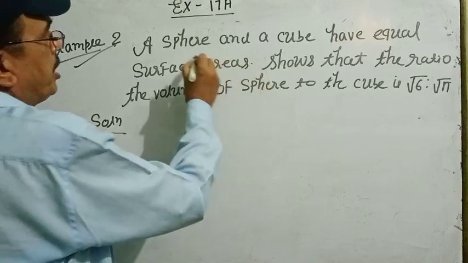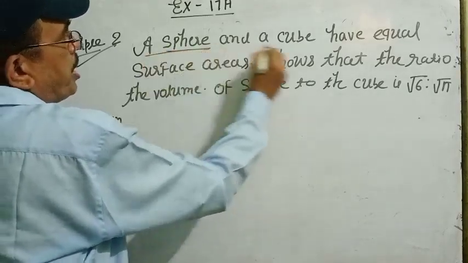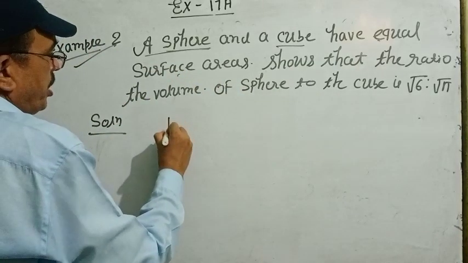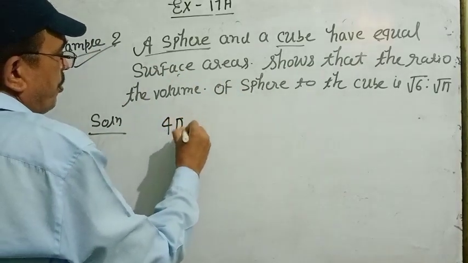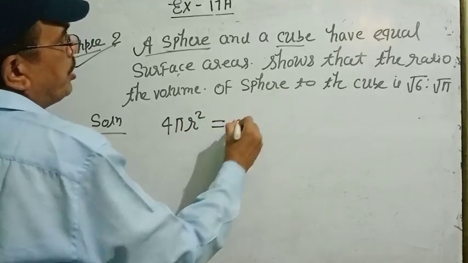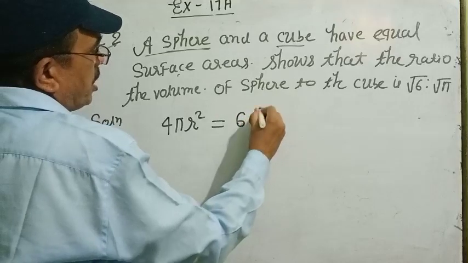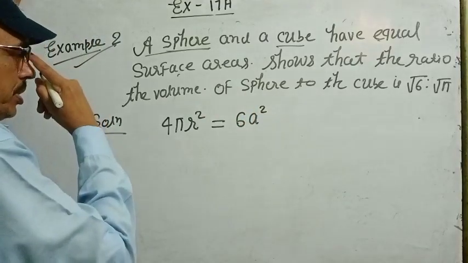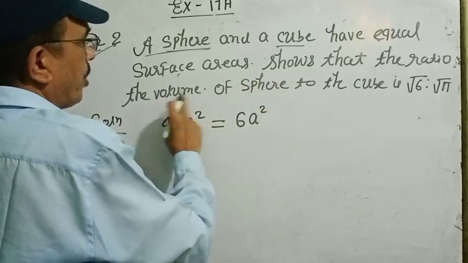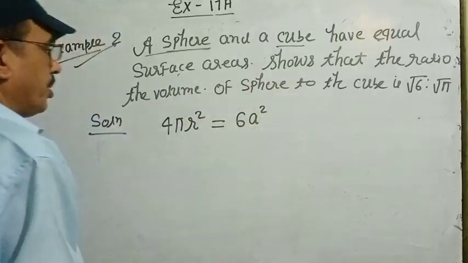Here it is given in your question that a sphere and a cube have equal surface area. The sphere surface area is 4 pi R square, and cube surface area is 6a square. So your question is, what is the ratio of the volume of a sphere to the cube?